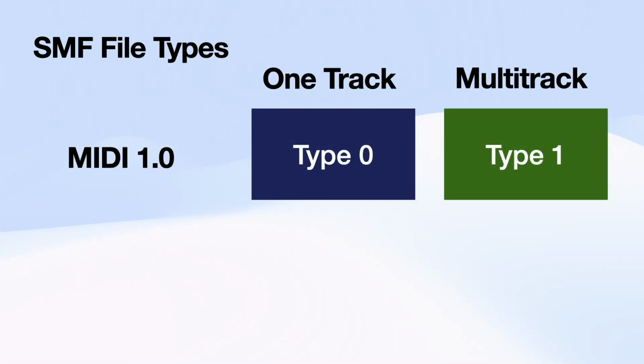In SMF2, we have the MIDI clip file, which corresponds to the one-track concept, and the MIDI project container, which corresponds to the multi-track concept. But unlike SMF1, SMF2's multi-track concept is far more powerful.